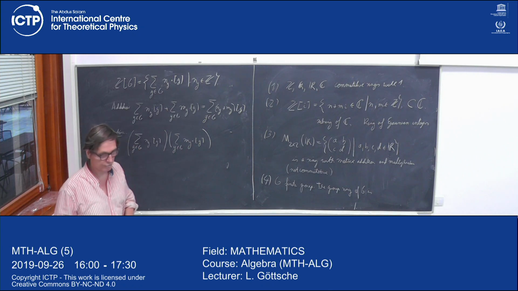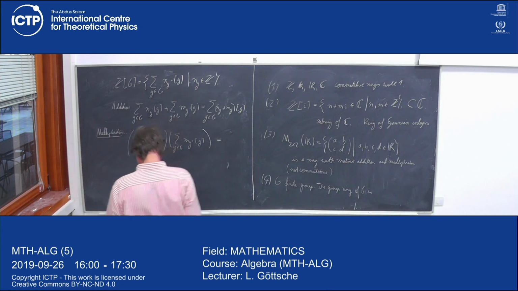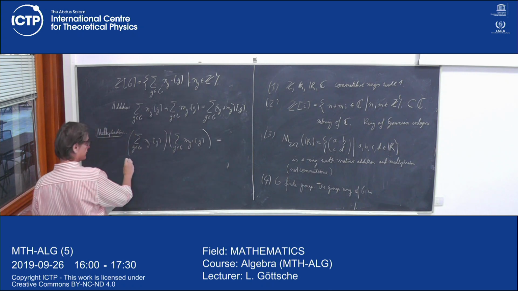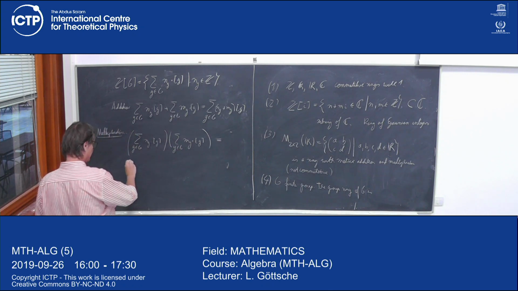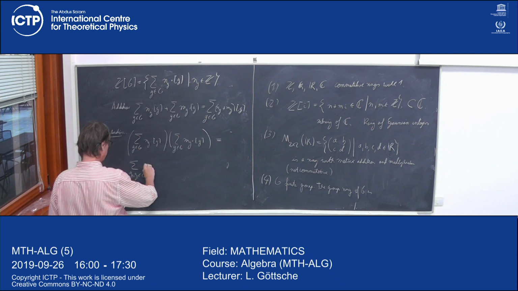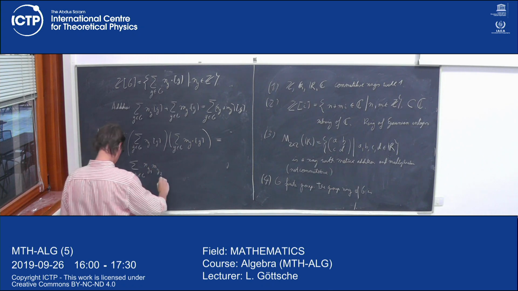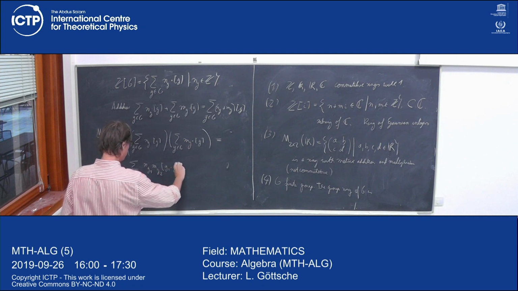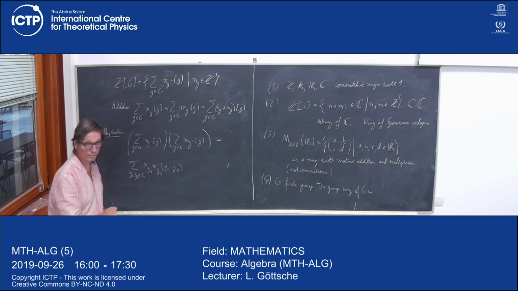What does this mean? If I formally multiply it out, I get the sum over all pairs g1, g2 in G of n_g1 m_g2 times g1 times g2, but this is the multiplication in the group.